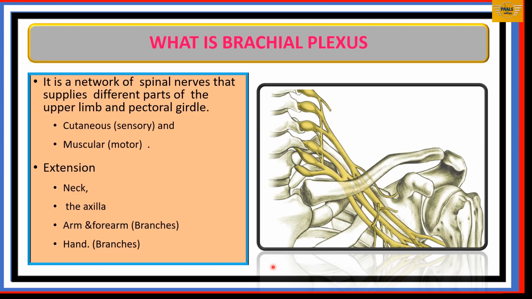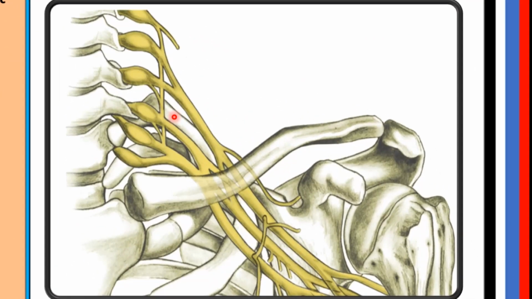Now, where do we find this brachial plexus? Some people just think it's in the axilla alone. No, brachial plexus actually starts from the neck. We can see the brachial plexus starting from here within this neck region. It will run below the clavicle, run through the outer border of first rib, and then we find all of them in the axilla. Now at the axilla, they don't stop there.